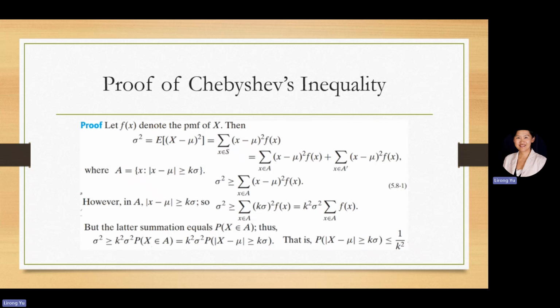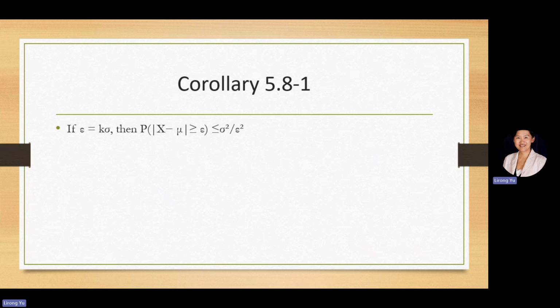Okay, using that, we also have the opposite, the other side. The opposite says probability x minus mu to be less or equal to k times the standard deviation. And if you want to calculate this, you might want to calculate the opposite. So if you change this to a less than, so that one is small, of course this one will be bigger. So it will be bigger than what? Bigger than 1 minus 1 over k squared.